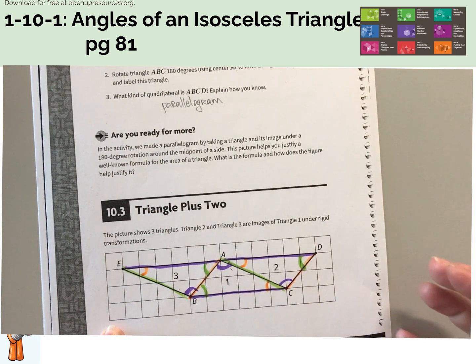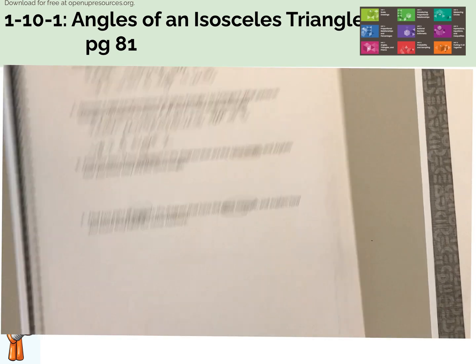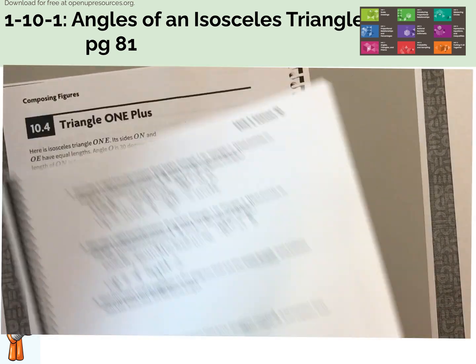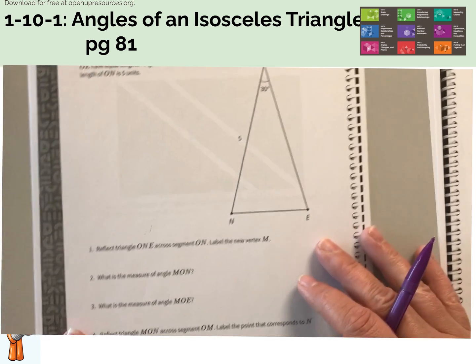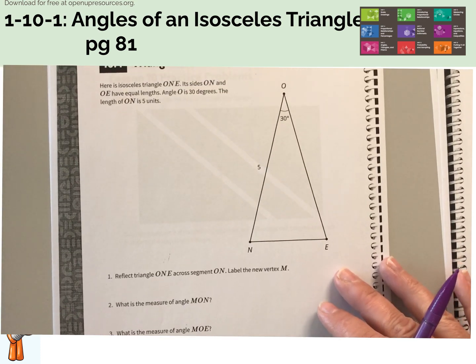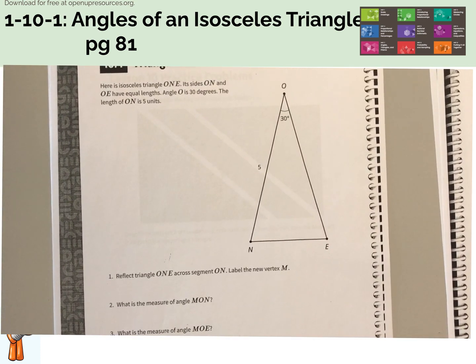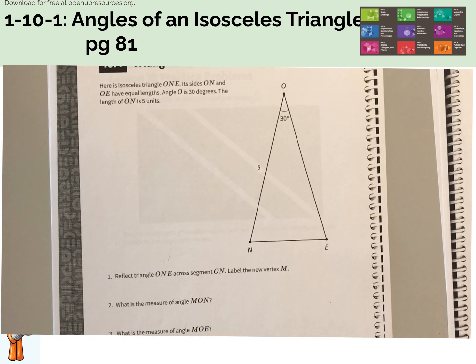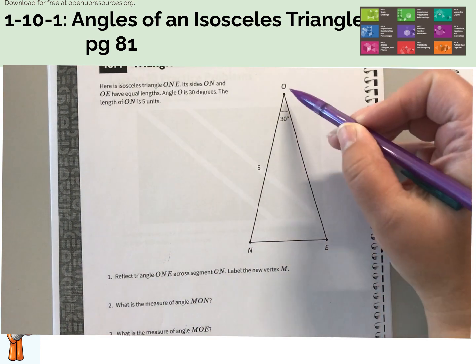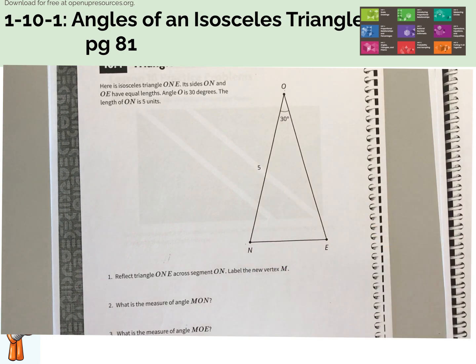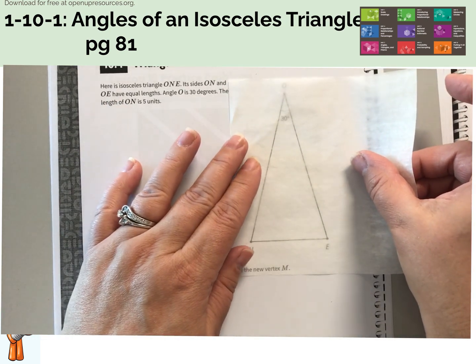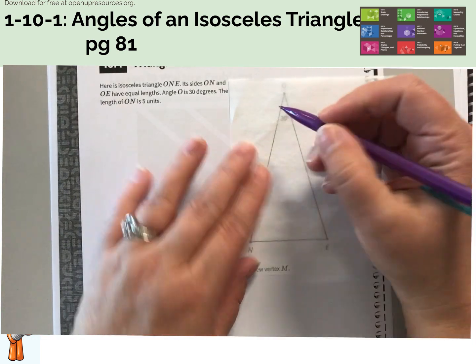All right, so let's look at the next page. We're going to take this triangle, and it says reflect ONE across ON. So take this triangle, reflect it across ON. You might need a new piece of trace paper.